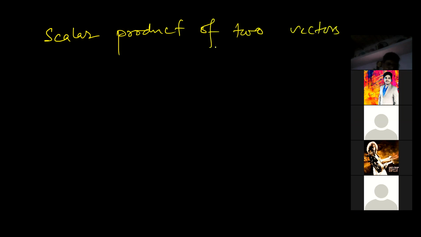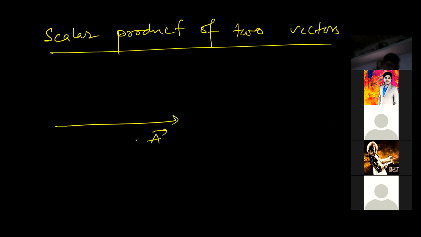Scalar product of two vectors. Like one vector is working along the horizontal line, and with respect to this vector, another vector is working along this line. If this is the A vector and the B vector makes an angle theta with respect to A vector, then B has a vertical component as well as a horizontal component.